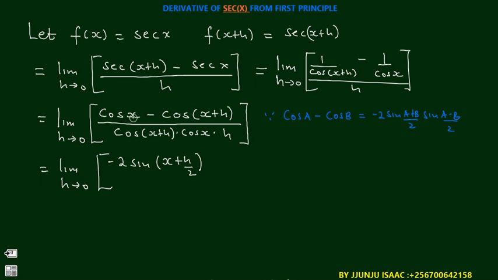Then for A minus B, that means x minus x plus h, so we get minus h. Now sine is affected by a negative. Since it is sine of negative h, we can write negative sine of h over 2.